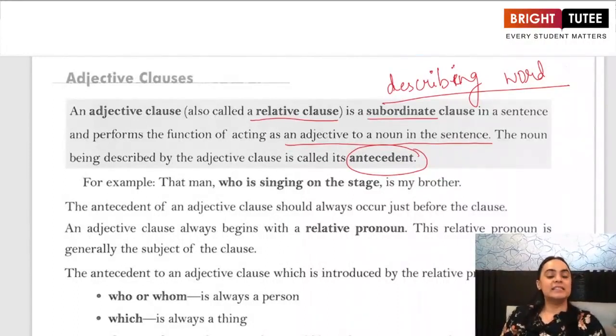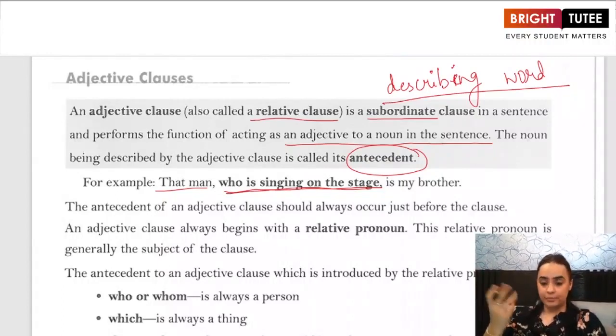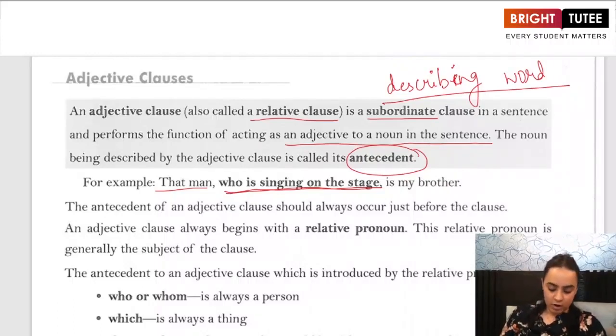For example, the man who is on the stage is my brother. What is my adjective clause? Who is singing on the stage, because this is how you have described the man, or your brother. Now, what is the noun that is coming before your adjective clause? The man. So this noun which comes before my adjective clause is known as its antecedent.